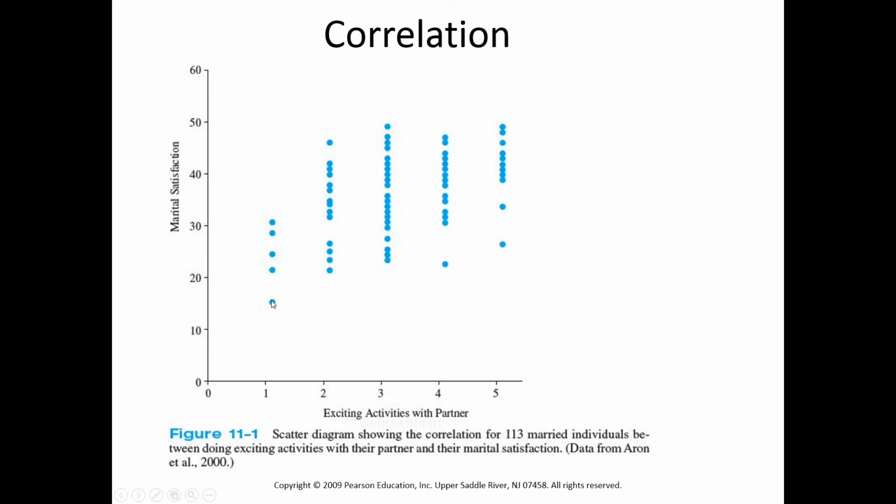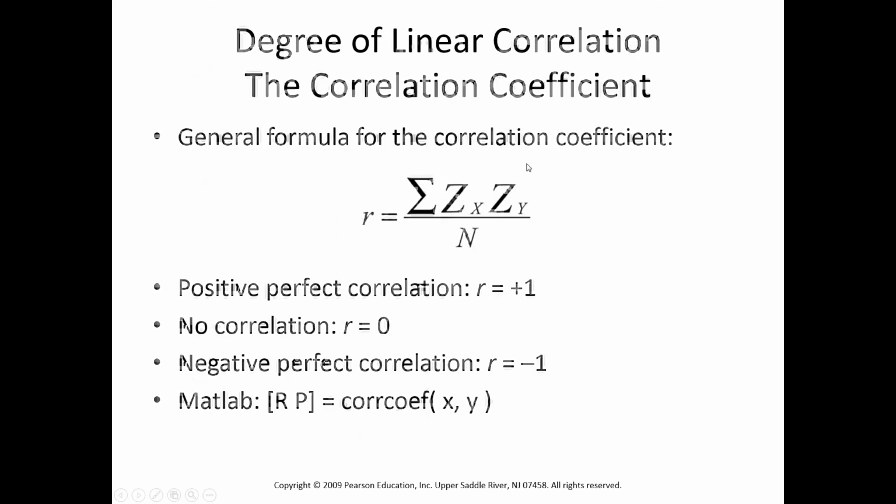Next we multiply the z-score of this point by the z-score of the same point on this axis, sum it up and divide by the number of points, and it will give us a correlation coefficient. And because this data is correlated, the correlation coefficient will probably be positive.